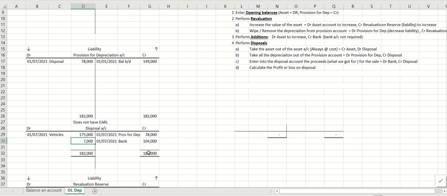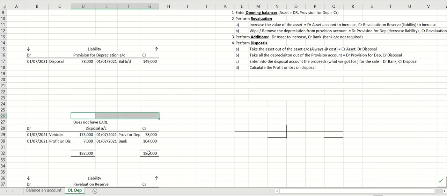The missing number in a disposal account, we call it either the profit or the loss on disposal. So here we have a profit on disposal, 7,000.